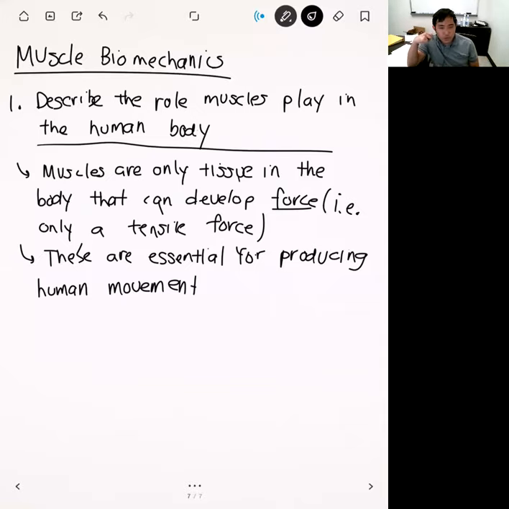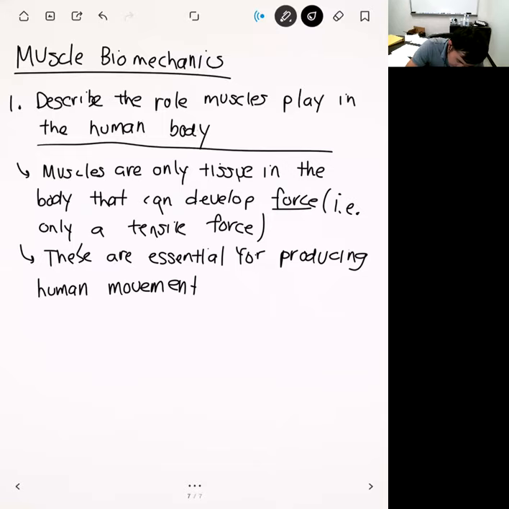Okay, but they also serve a lot of auxiliary purposes as well, right? Because they're able to develop force. And when you're talking about skeletal muscles, these are relatively controlled by the person. Okay, they also help to provide a lot of stability and a lot of balance to the body as well.